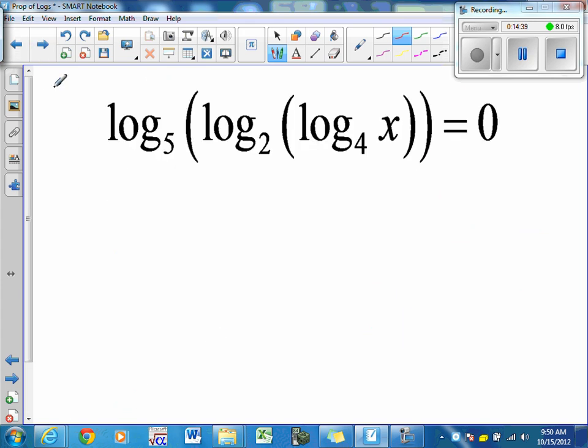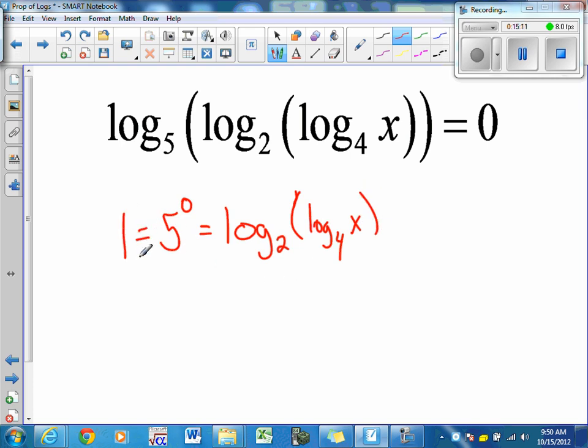Now, here's a problem where I said you can't do that, because of different bases. We did a problem similar to this on the homework last week. We've expanded this a little bit. So the key is, let's write this in exponential form. 5 to the 0 is log base 2 of the log of 4x. But 5 to the 0 is just 1.